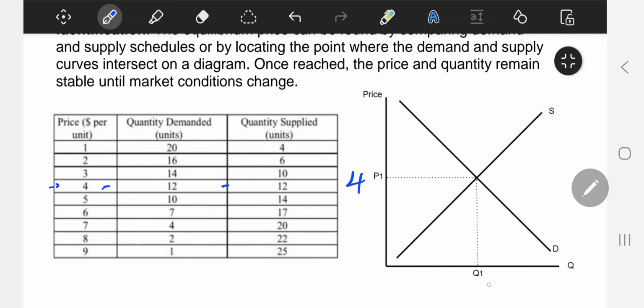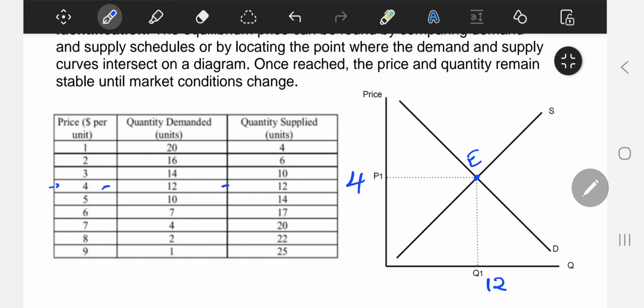Let me write that 4 properly and that 12 properly. So that would be the equilibrium price or the market clearing price, and this will be the quantity demanded and quantity supplied at the equilibrium. So this point here is what we are calling the equilibrium, and that is the equilibrium price, and that is the quantity demanded and supplied at the equilibrium, the 12.